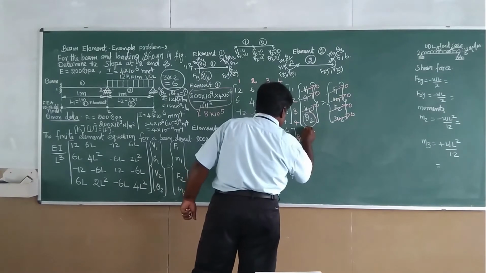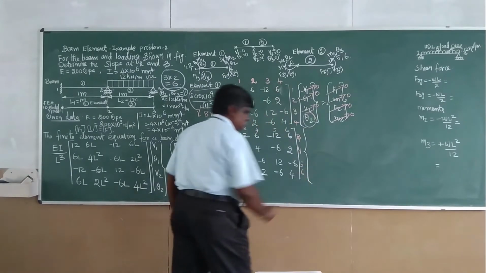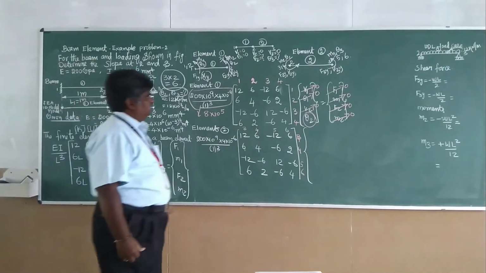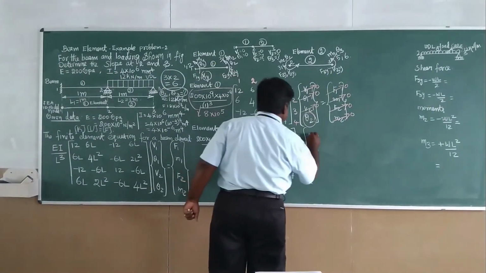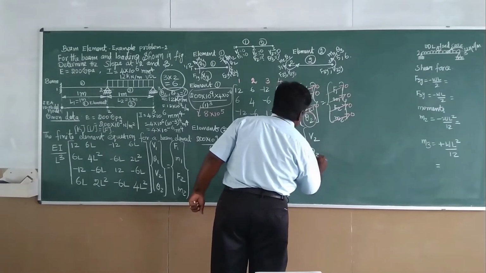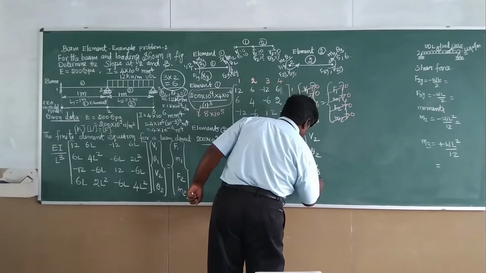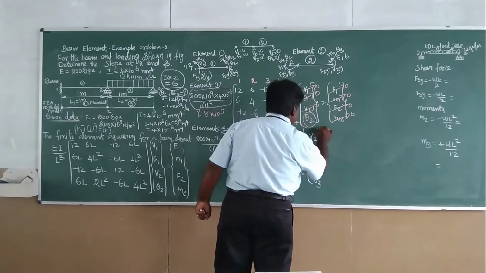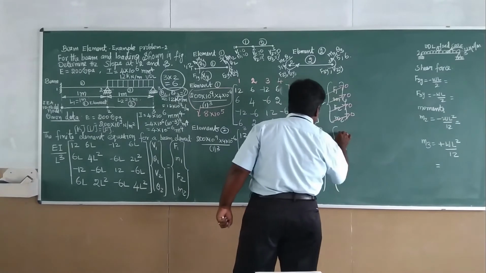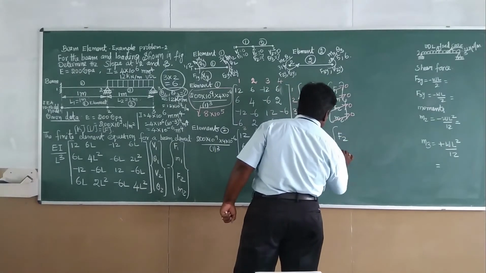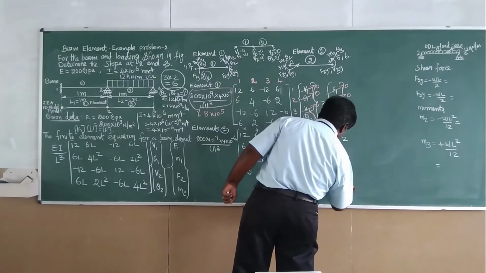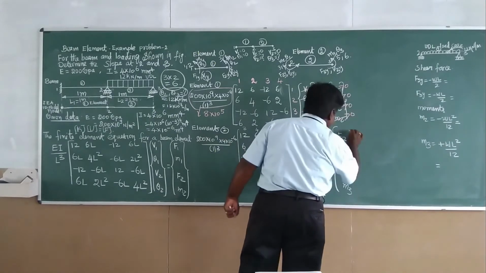Okay. Then next we have to write down the displacement vector. The displacement vector is V2, theta 2, V3, theta 3, then the forces F2, M2, F3, M3.